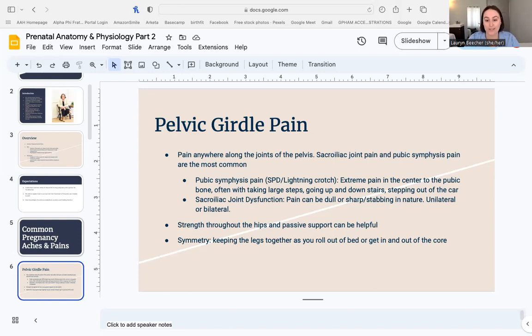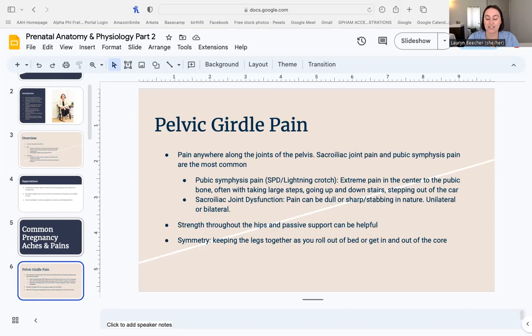The one bonus with pubic symphysis pain is it does often go away as soon as you are no longer pregnant, and there isn't that additional pressure at the pubic bone. One thing that I do tell everyone that I work with who has pubic symphysis pain, though, is if you are planning on having more children, this pain often comes back quicker and more intensely with each successive pregnancy if you don't address why it happened in the first place.